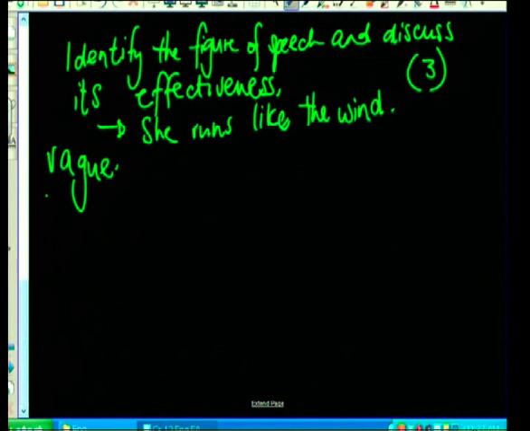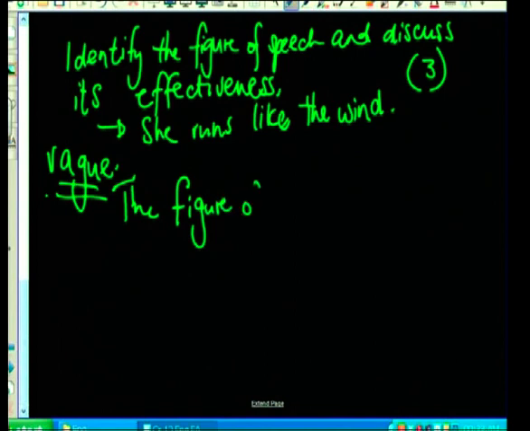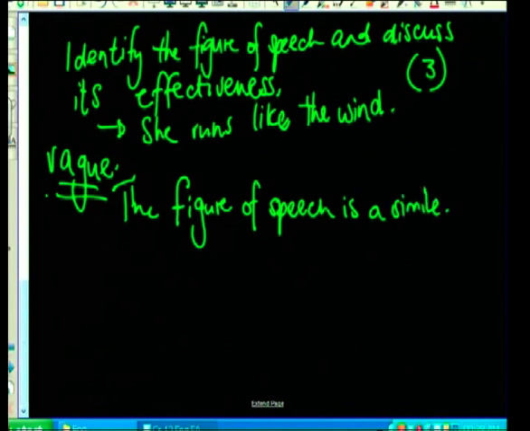Okay, so this is going to be your vague answer. The figure of speech is a simile. Tick. That's right. Now, this is where the vagueness begins.